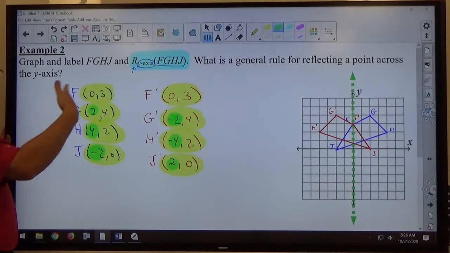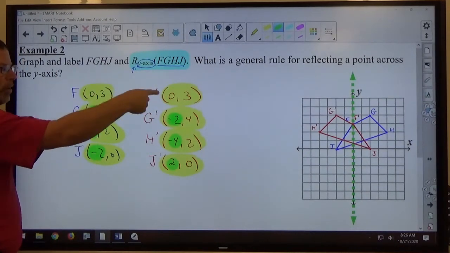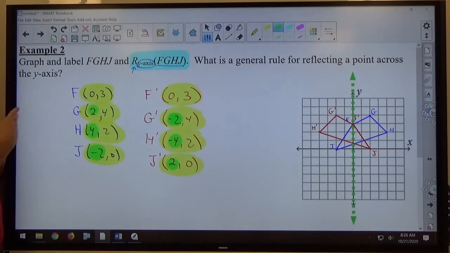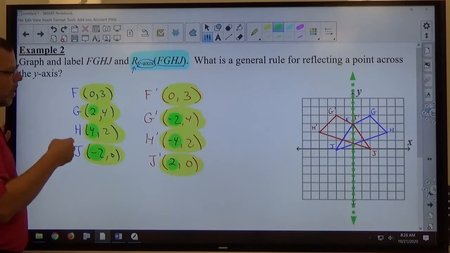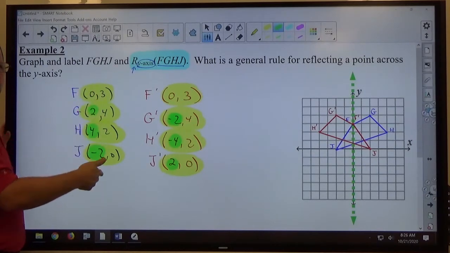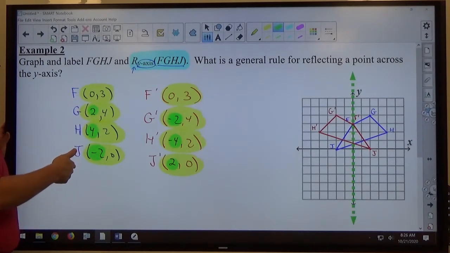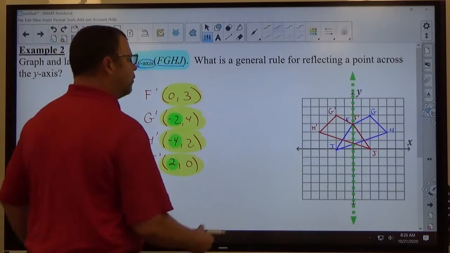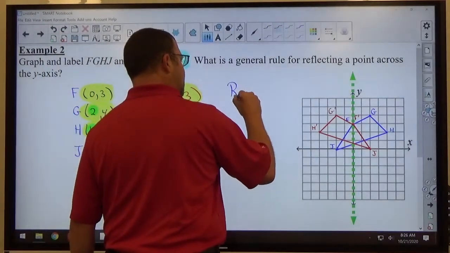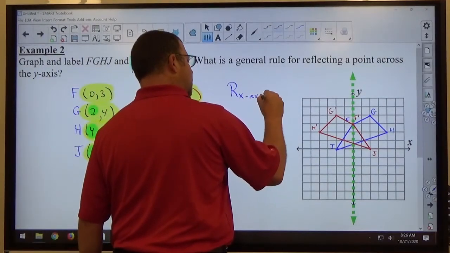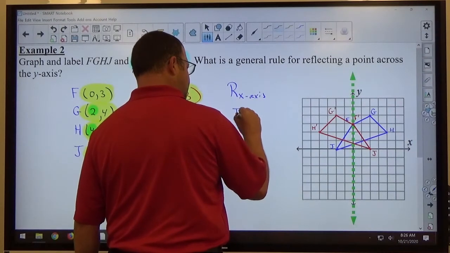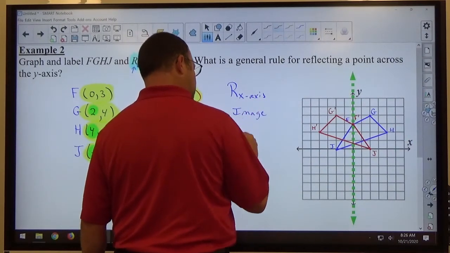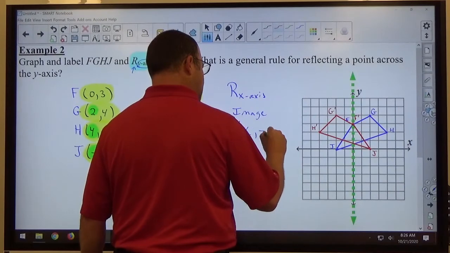So officially, it doesn't look like it changed, but we could say that is negative 0 if we apply this idea. So looks like if we're reflecting across the y-axis, the y-coordinate is going to remain the same. The x-coordinate is going to change to its opposite.